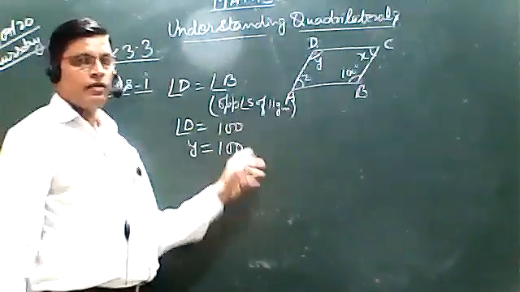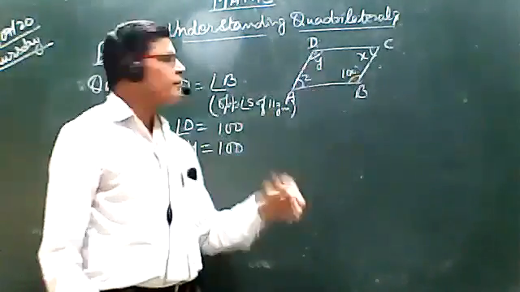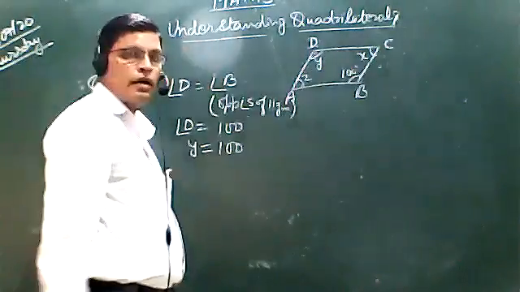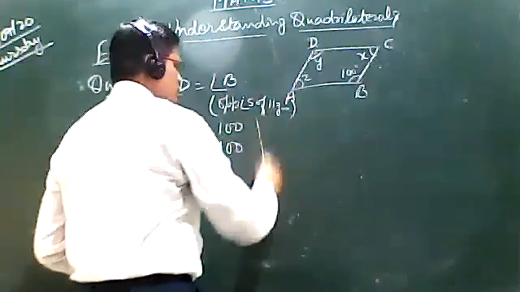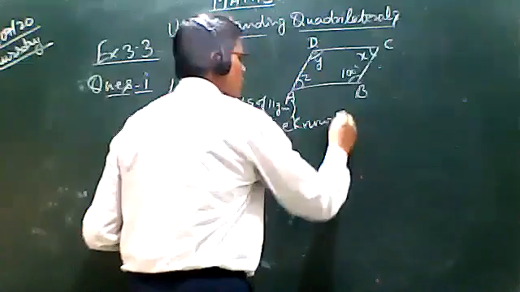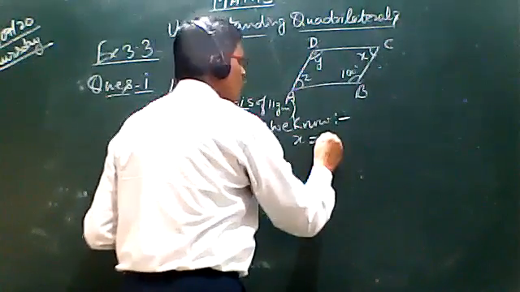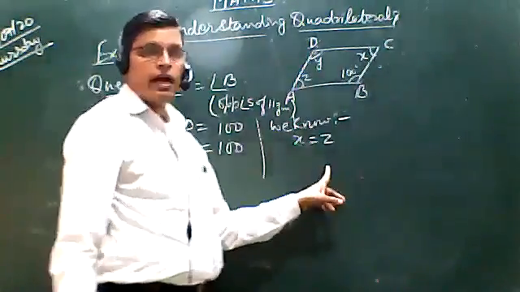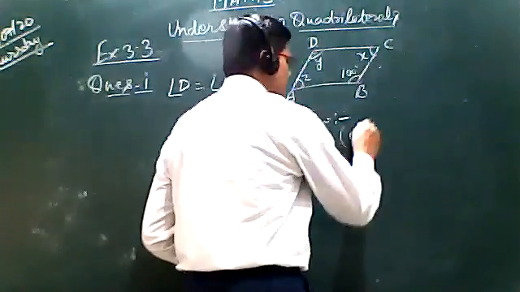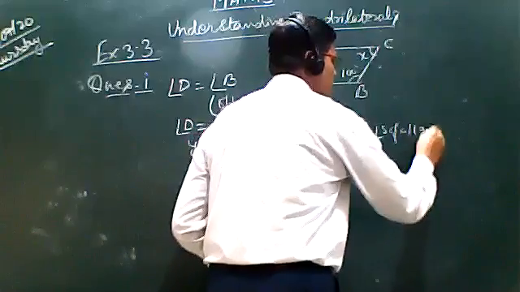This is my unknown value. The first part we found. Now, we find X and Z. And we already know, angle X is equal to angle Z. Why? Opposite angles of a parallelogram.